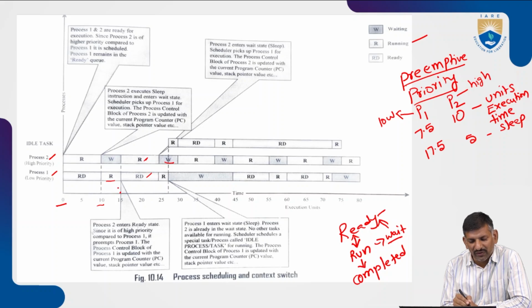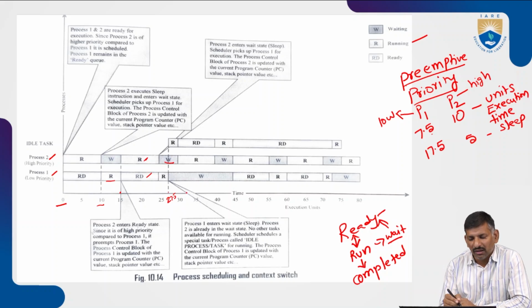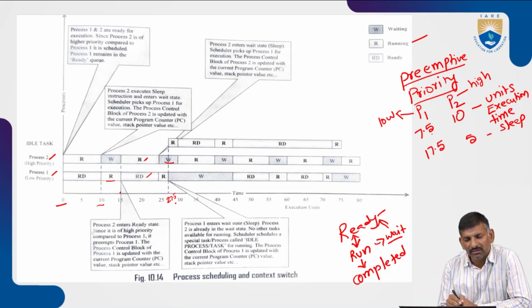P1 has already executed 5 units, and the remaining execution time is 2.5 units. At 27.5, its execution is completed and it goes to the waiting state.